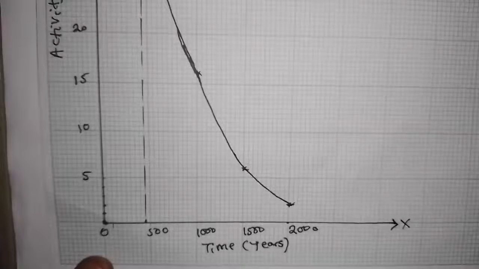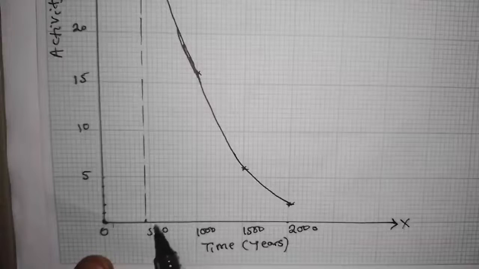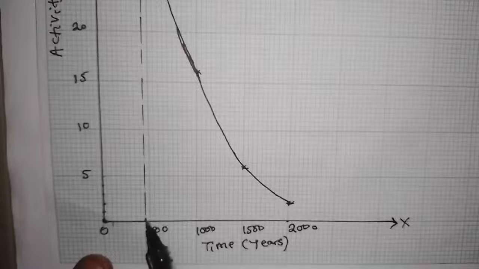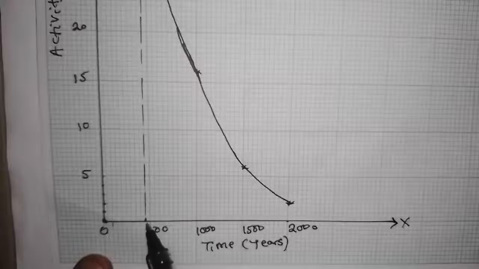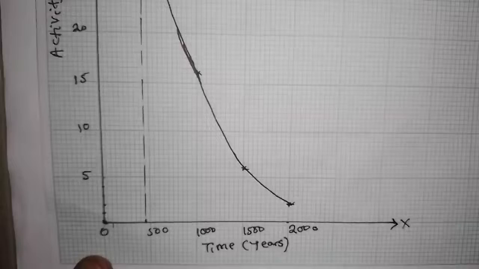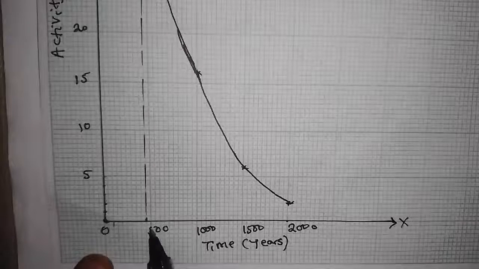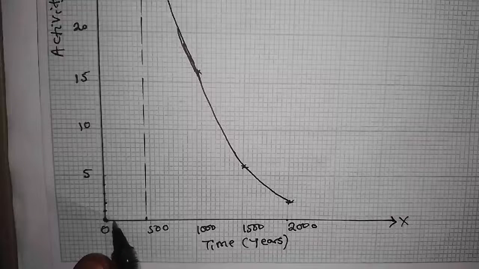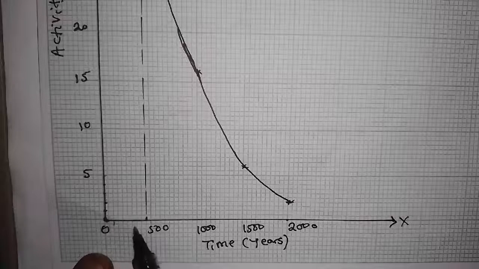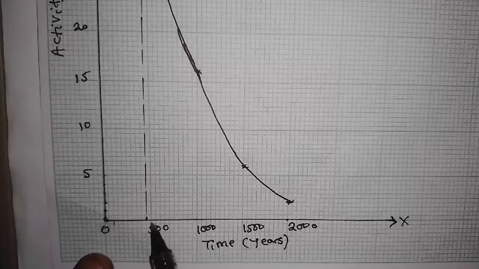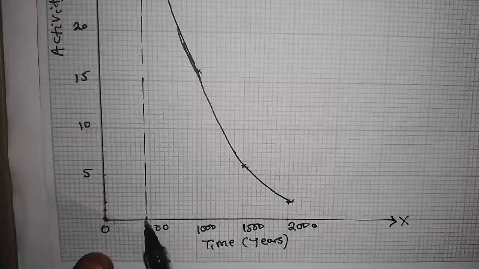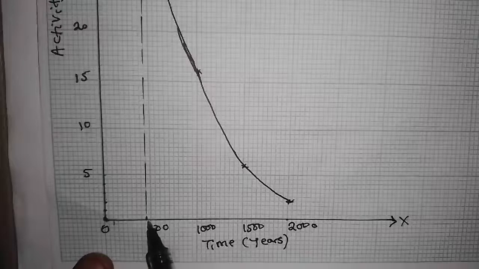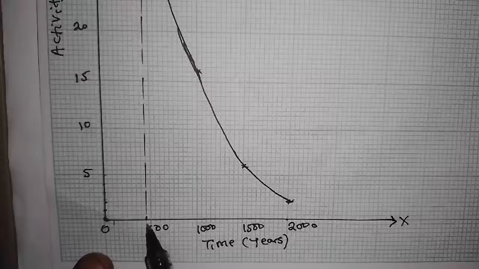Now you have to read off where this line has ended on the x-axis. What value is that? 0, 100, 200, 300, 400. Now 500 is this one. So the line is in between 400 and 500. Halfway, this is 450.